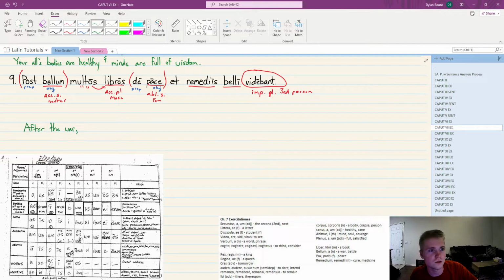So after the war, let's keep going. After the war, subject. We don't have any theys yet, so let's keep doing these nouns. See if we get something in nominative. So remedies. So if you go to the vocab that I've provided, you'll see it comes from remedium, remedii, which is a neuter second declension word. So we're looking for is. So we have two options here, dative / ablative plural. That's not nominative. We'll keep that as either one for now.